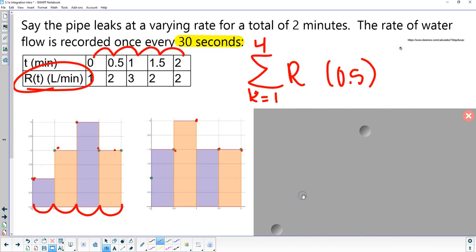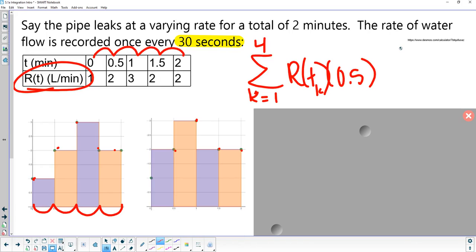So it is going to be something from R of t with a subscript of k, which just says it depends on which interval I'm on, which rectangle I'm on, first, second, third, or fourth. But it's coming somewhere from that row of R of t.